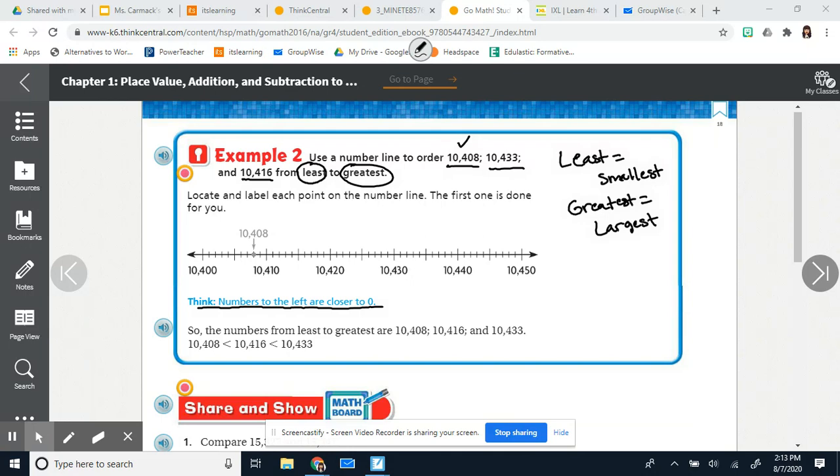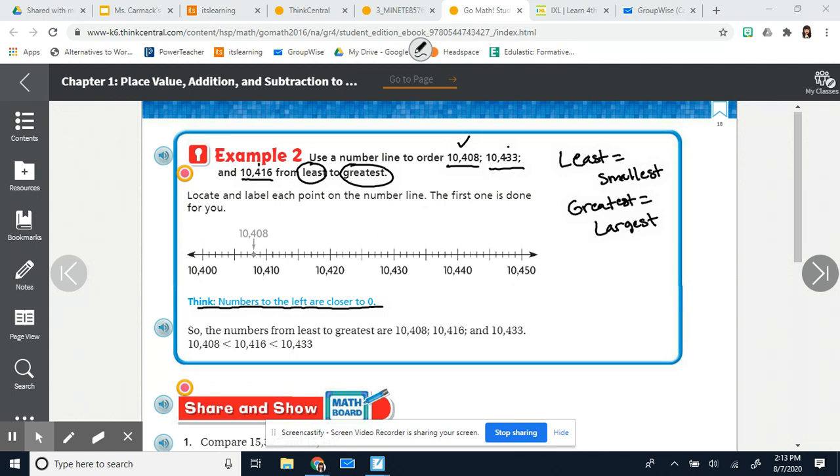All right, so between these two numbers, I think I can determine that 10,416 goes next. And the reason I figured that out was because in the tens place, the 1 is smaller than the 3, okay? So, and we're going from least to greatest, so that's the next smallest number.